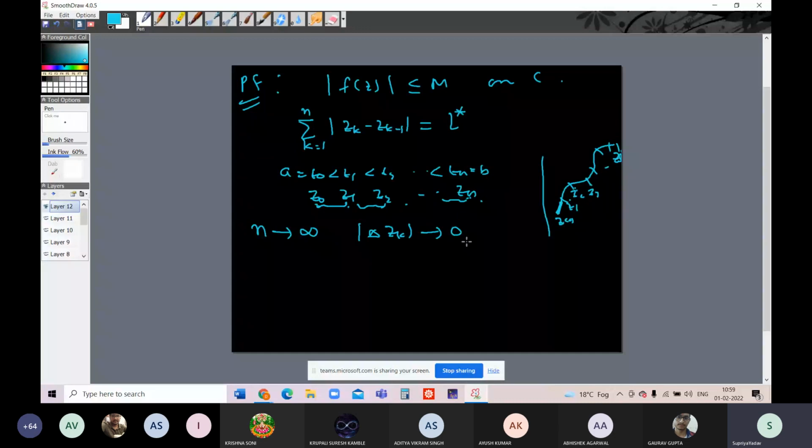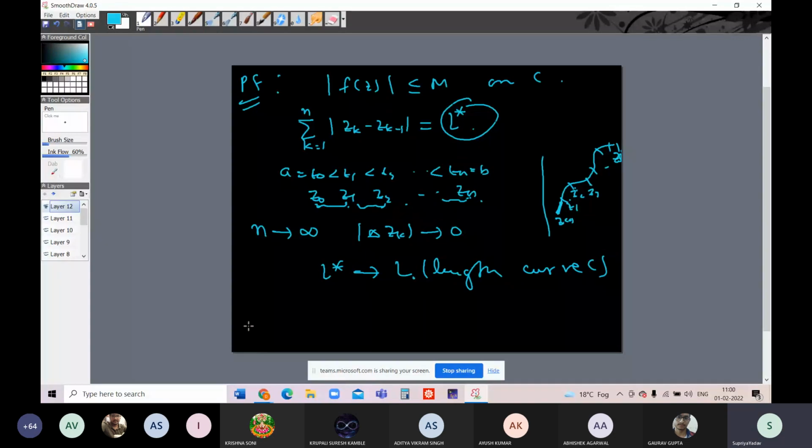In that case this L star must approach a finite value, because this curve of ours is a simple smooth curve. So this finite value L is the actual length of the curve C. The value that L star approaches will be the length of this curve C.